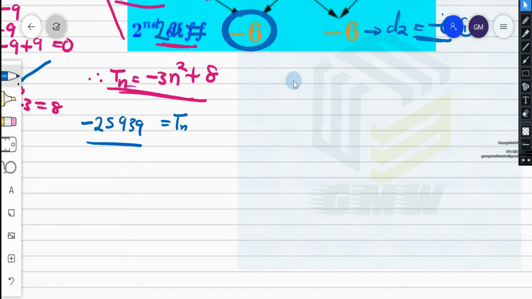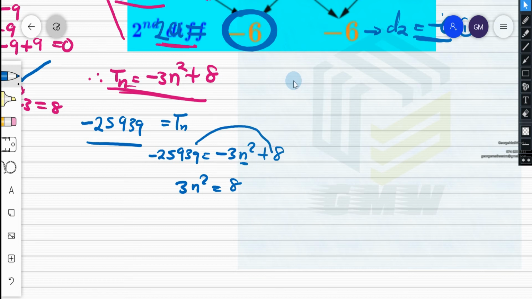This is what I'll put. So it means minus 25,939 is equals to minus 3n squared, then plus 8. I want to find the n here. So this one can cross to be positive 3n squared is equals to 8. And this one can cross to this side to become plus 25,939.